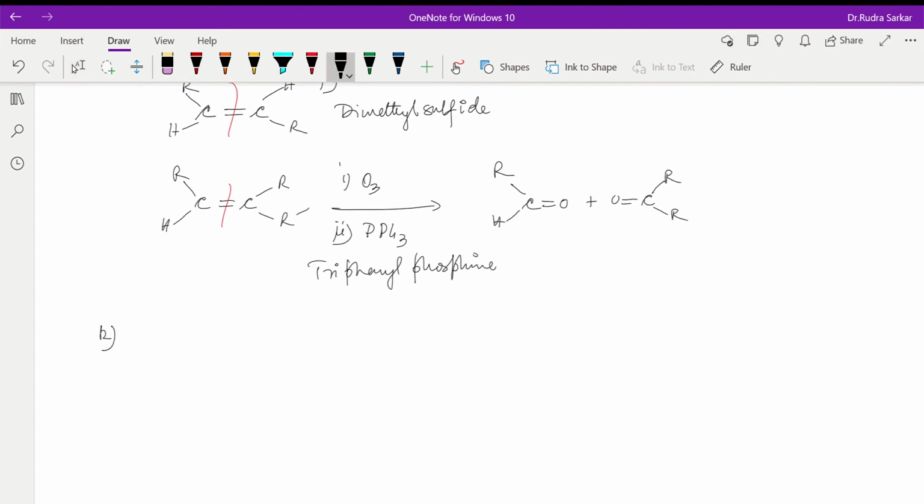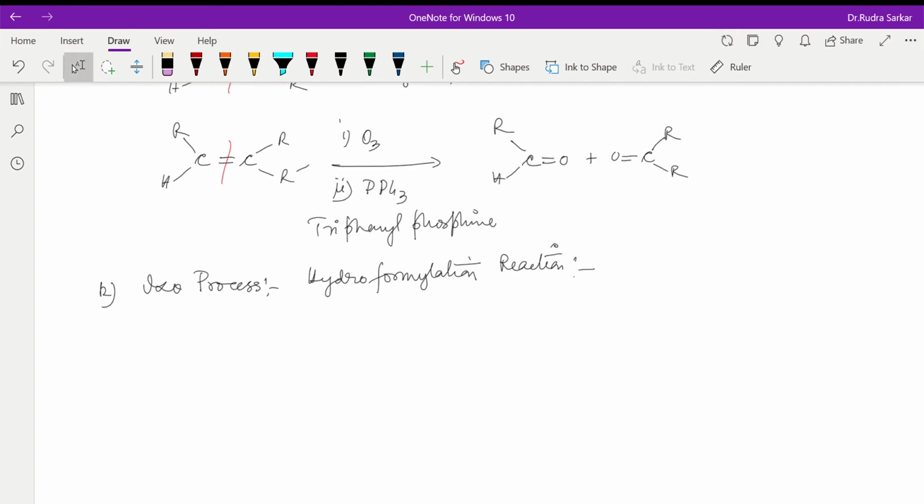The next one that we are doing is called the oxo process. It is also known as the hydroformylation reaction. Okay. Only one thing that you need to remember is that terminal alkenes are converted to aldehydes.